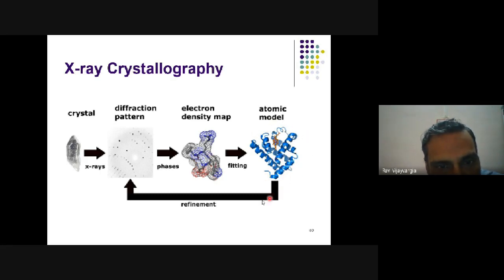Then you can refine it and eventually come up with the X-ray crystallography or diffraction 3D structure of the protein. But you should be expert in deciphering the diffraction pattern and in some of the bioinformatic tools, and then you are able to give the three-dimensional structure of the protein.